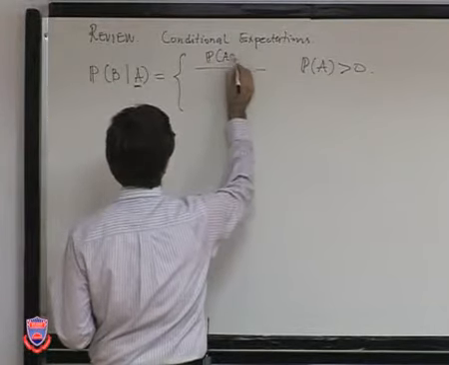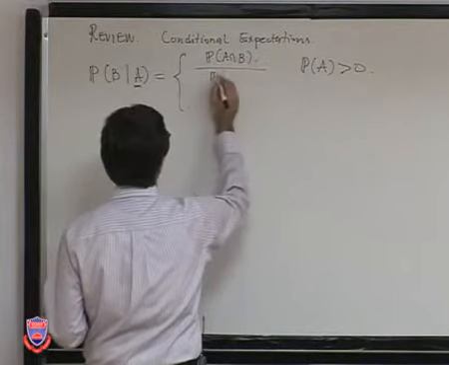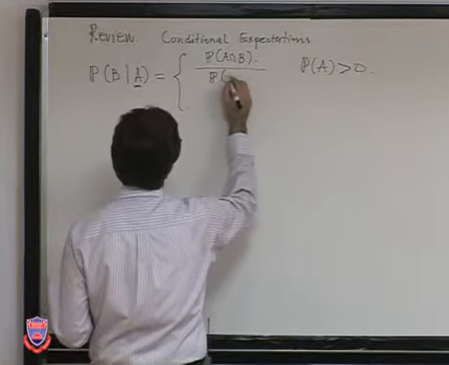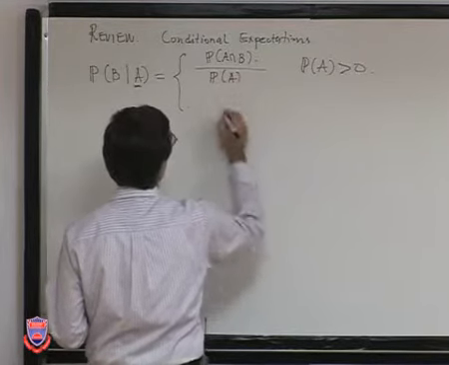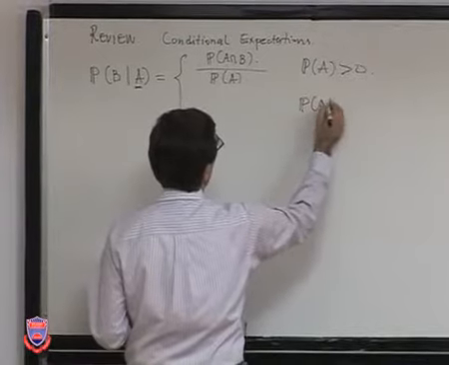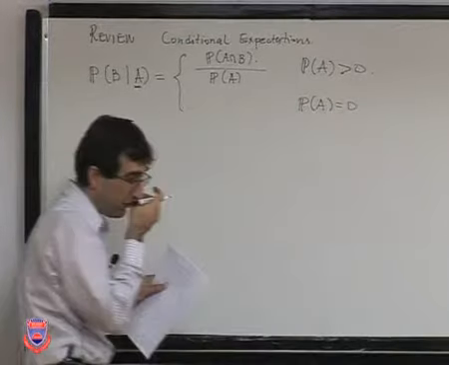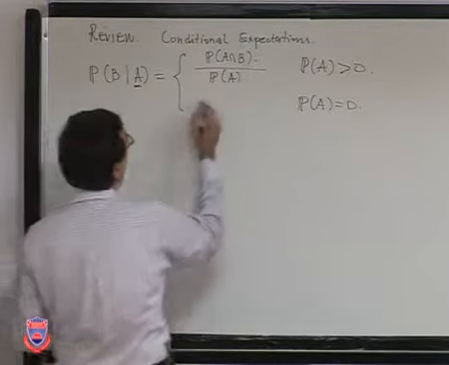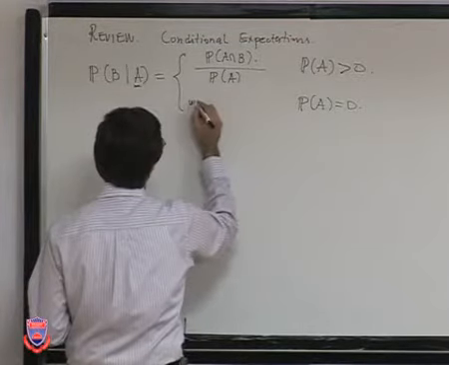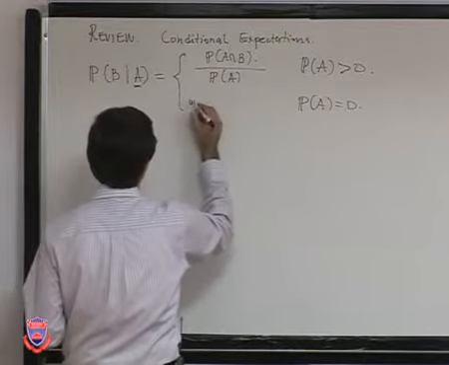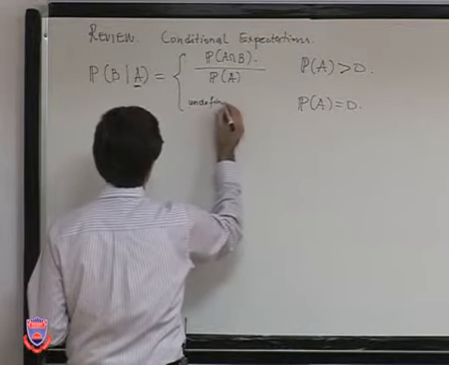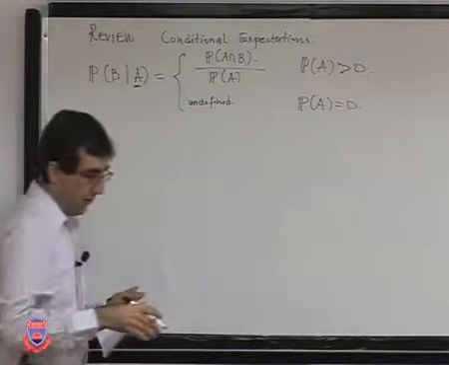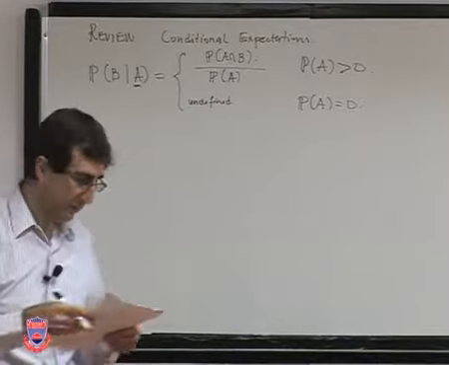The probability that A and B happen at the same time and the probability that A happens. If the probability of A equals 0, namely if event A cannot in fact happen, then we could just put whatever number you want. So we basically say it is undefined. We don't really care what happens in that case.